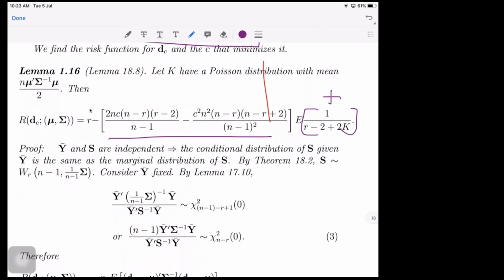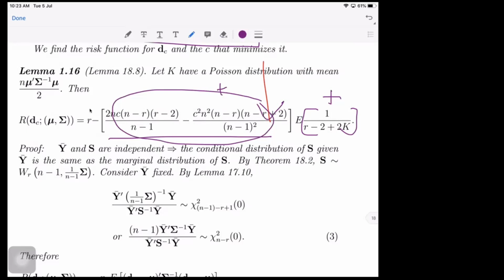We have to show that this term here is positive, because if that is negative, then everything will be R plus something, no? So in the proof, the author has shown that this term there is also positive.